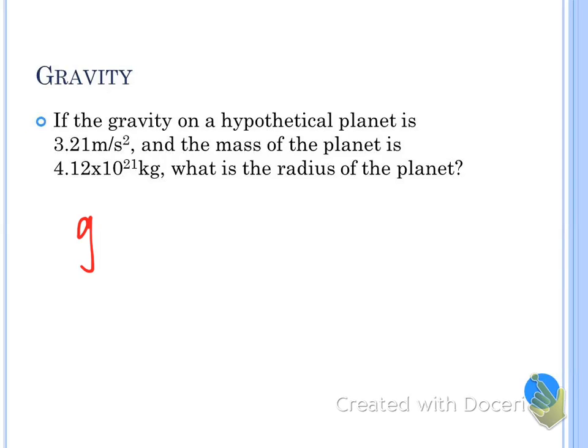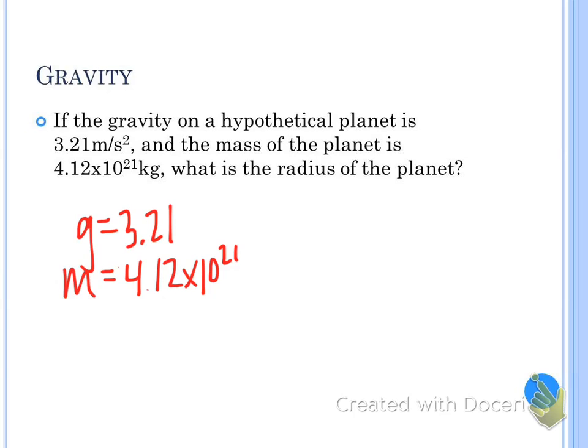Alright, so we know little g is equal to 3.21. Mass is equal to 4.12 times 10 to the 21st. And we're solving for radius.